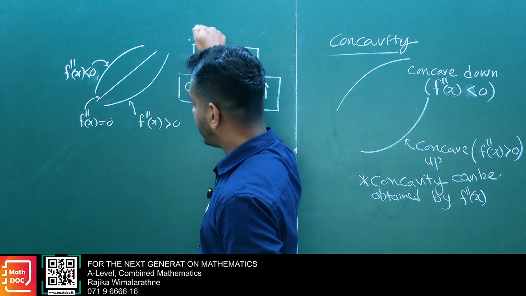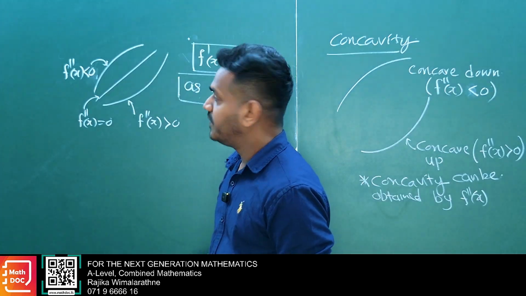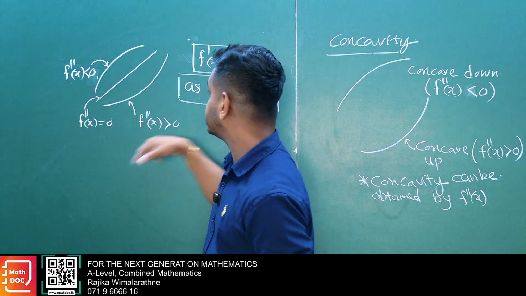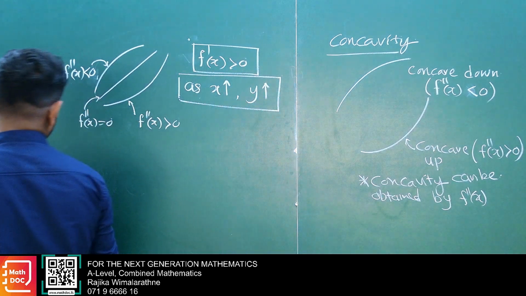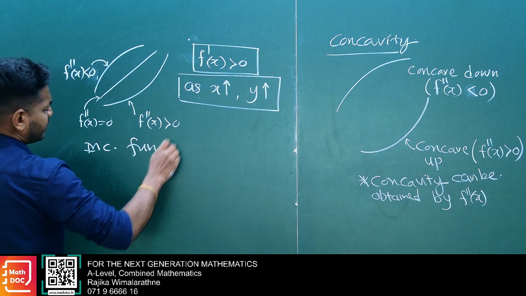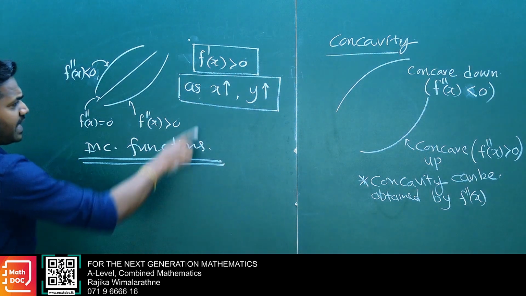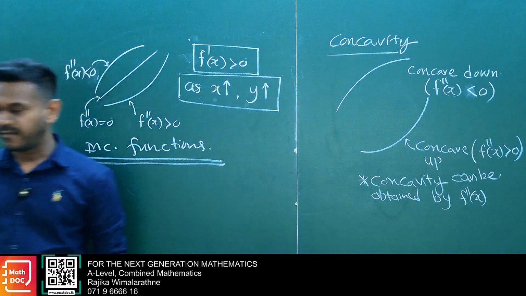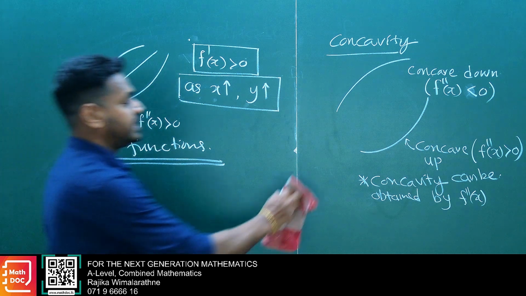Here concave up, second derivative positive. Here concave down, second derivative negative. All three cases, first derivative positive. These we call increase in functions. As x increases, y also increases, no?